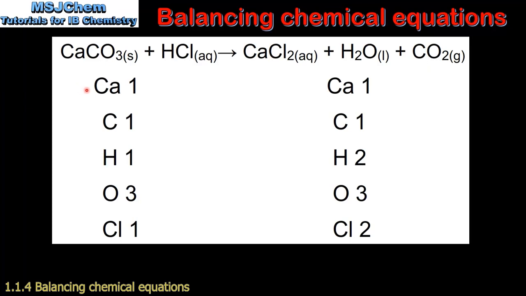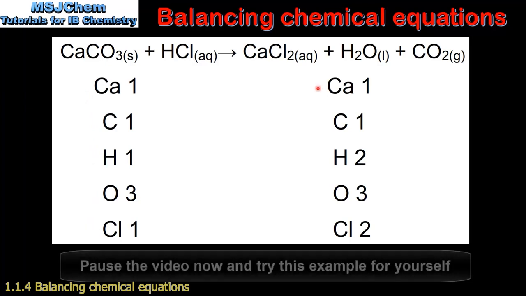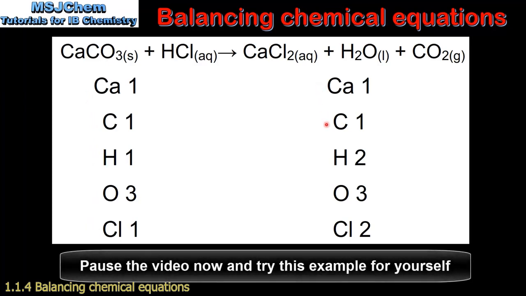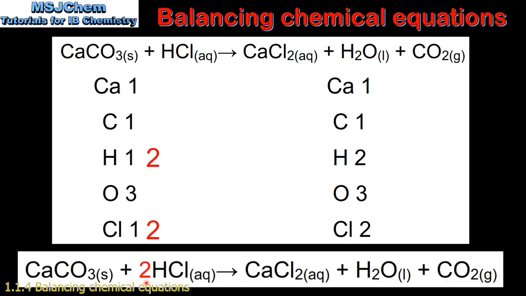In the reactants, we have one calcium atom, one carbon atom, one hydrogen atom, 3 oxygen atoms, and one chlorine atom. In the products, we have one calcium, one carbon, 2 hydrogens, 3 oxygens, and 2 chlorines. So by changing the coefficient in front of the HCl from a 1 to a 2, we now have the same number of atoms in the reactants and the products.